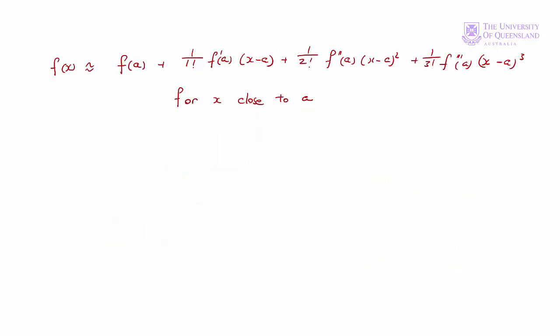We substitute those values into our third order polynomial. We have the general form of the third order polynomial there. We'll substitute in for the values we just found.